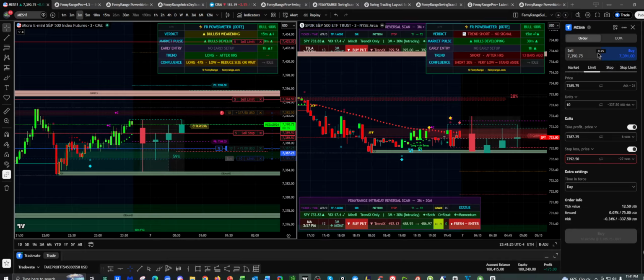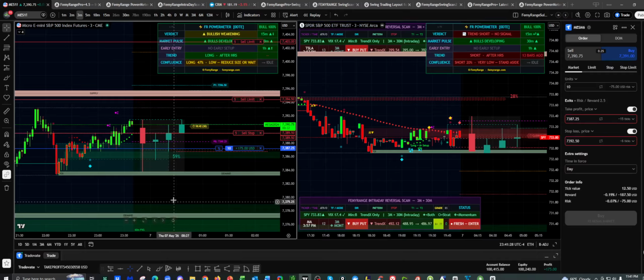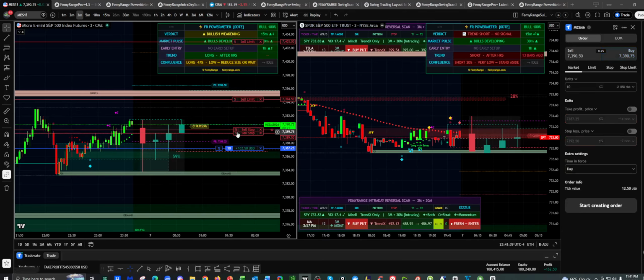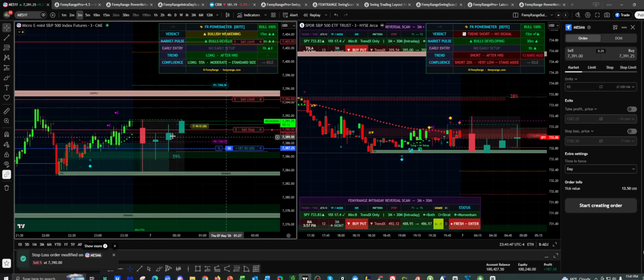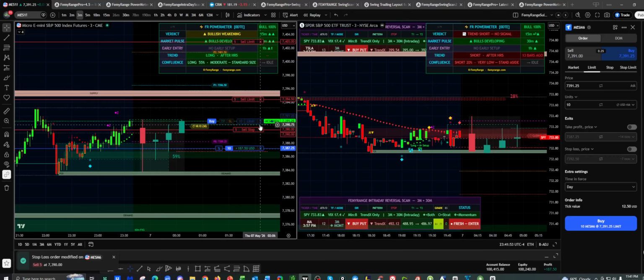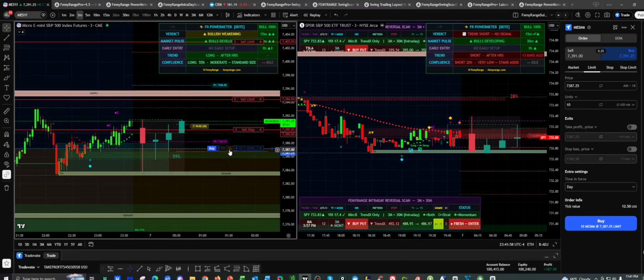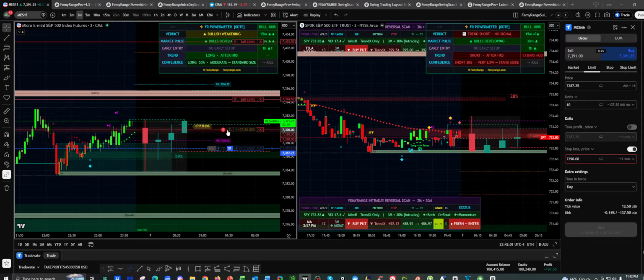So we are still making money. We're here, and I can move my stop to here. It's very simple. I'm just moving the stop, locking in profit as I go. Here is my buy zone, here is my stop loss, so I've locked in $137.